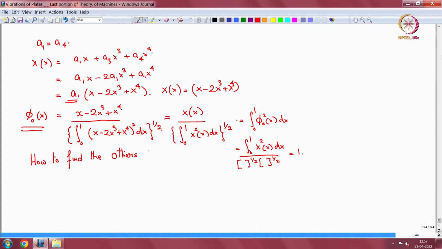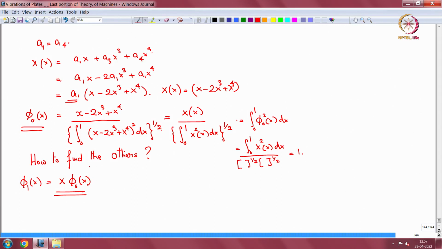Okay. So, now how to find the others? The way to find the others is phi 1 of x is x times phi 0 of x. This is another function, okay. But in order to make it orthogonal to phi 0, this is the Gram-Schmidt orthonormalization.